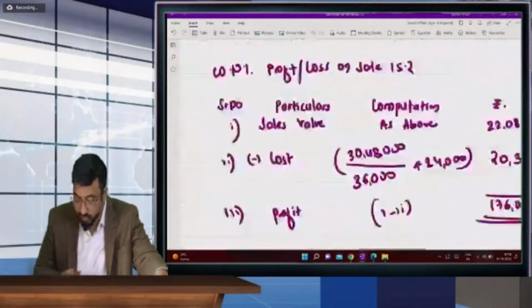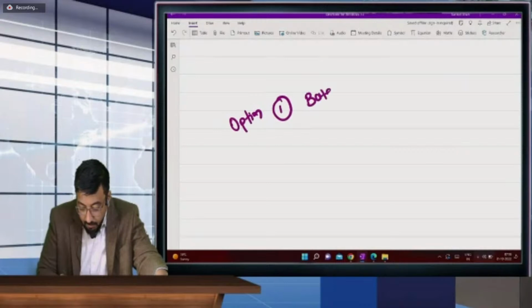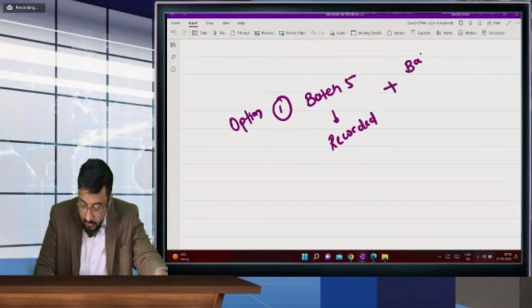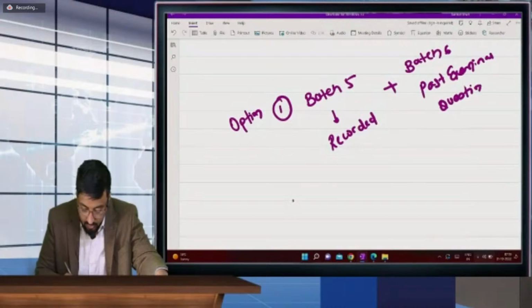Yes, beta. Option number 1, same technique, batch 5 recorded one, plus batch 6, past examination questions and remaining questions.